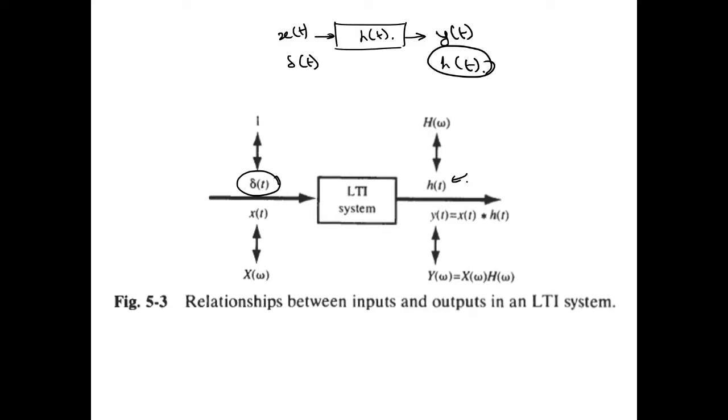Here also, by pinging the system, you are able to understand the characteristics of the system. That's why it is called impulse input, and this is the impulse response. Now, once you know the characteristics of the system, what is y(t)? y(t) is given by x(t) convolved with h(t).